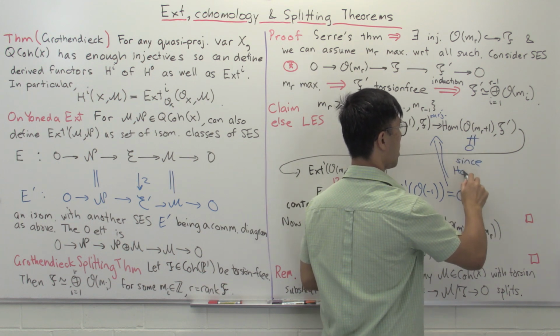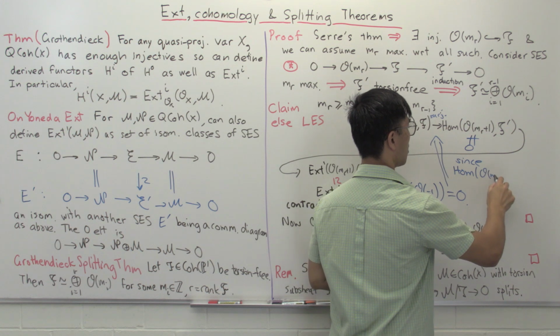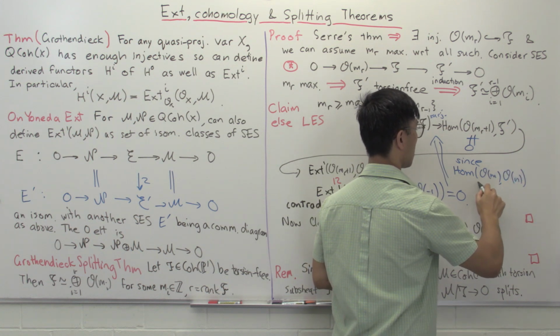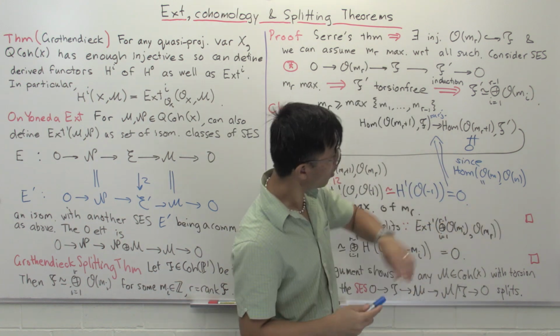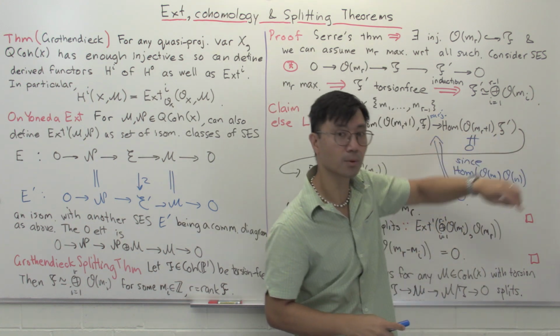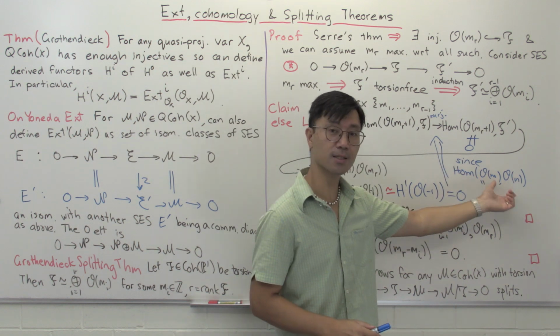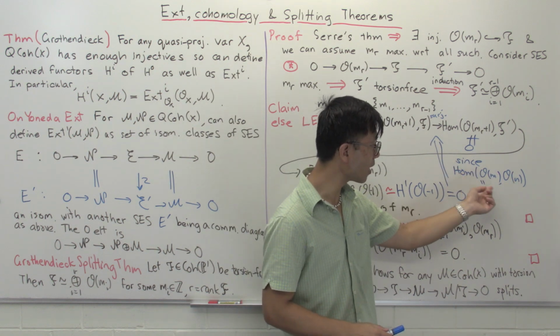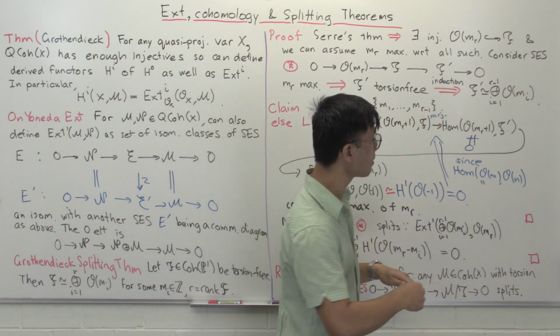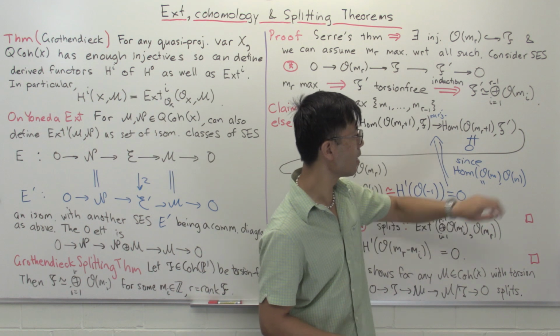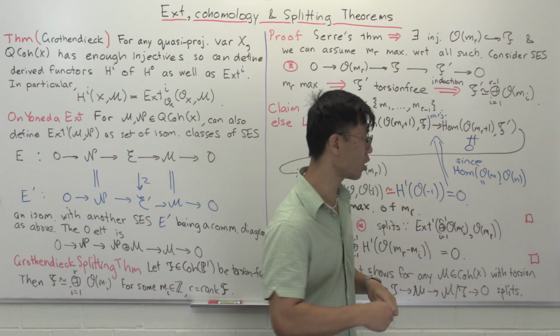So if you want to know why, if you want to know what are the homomorphisms of O(m) to O(n), okay, so the way to work that out is that you can apply this autoequivalence of the categories and tensor by O(-m). That'll get you O here and an O(n - m) there, and since you're Homing O into something, that's just global sections.